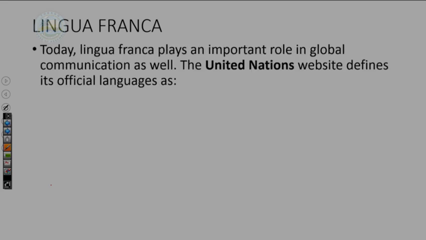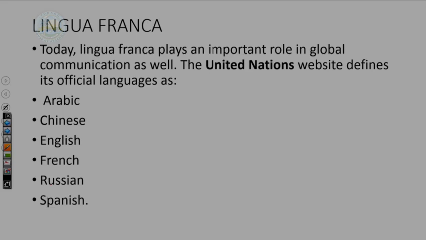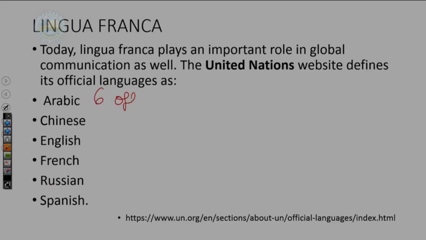Today, the lingua franca plays an important role in global communication as well. The United Nations website defines its official languages as Arabic, Chinese, English, French, Russian, and Spanish. There are 6 official languages in the United Nations.